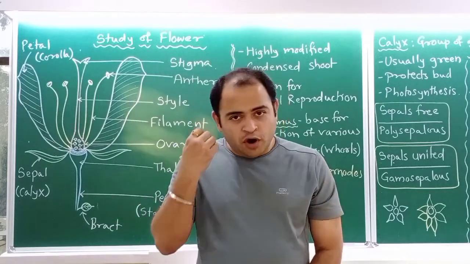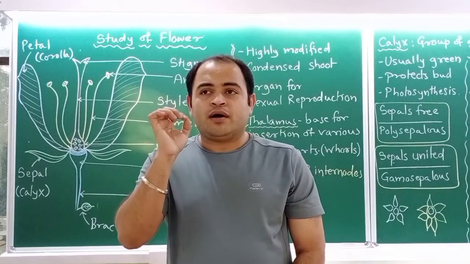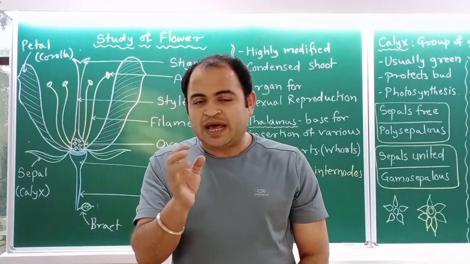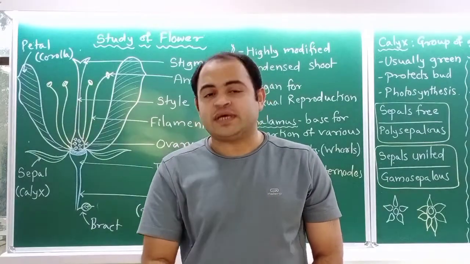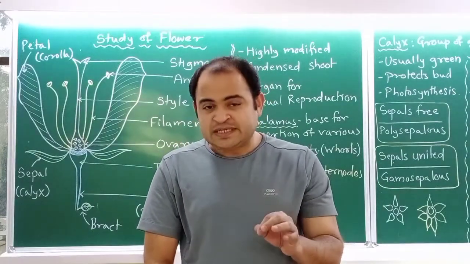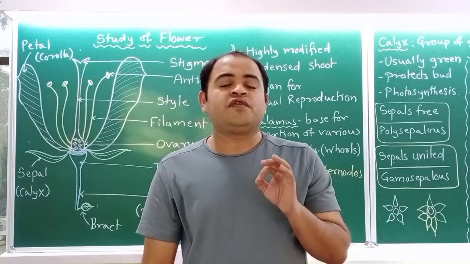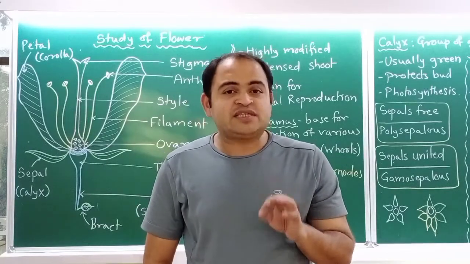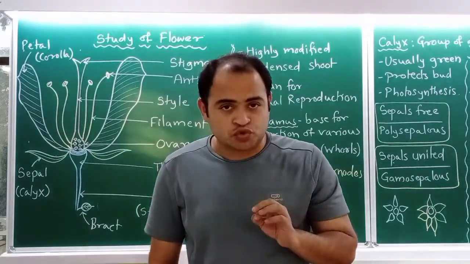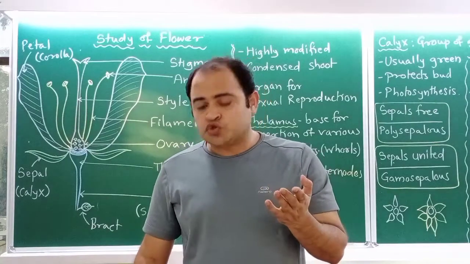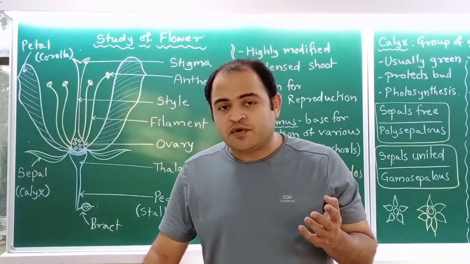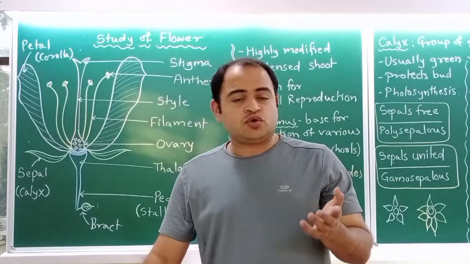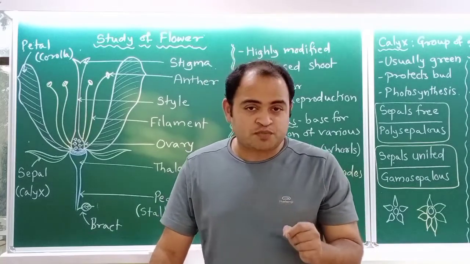Now, if you observe that particular sepal or calyx carefully, you will find some venations over there. So this is the evidence of my statement, that the flower is a modified shoot. I can ask you to write several justifications for my statements. So definitely you should remember this point.